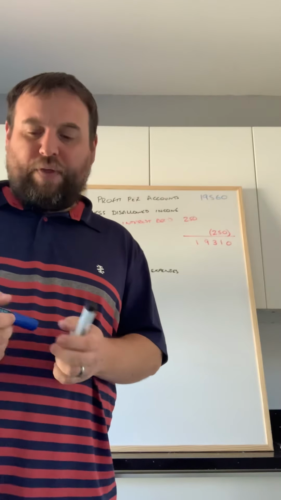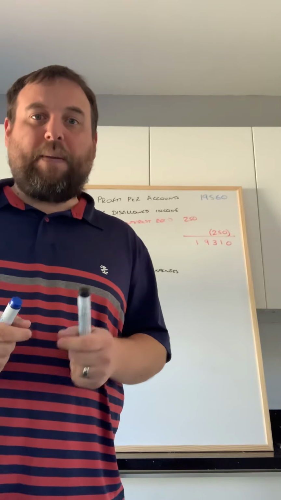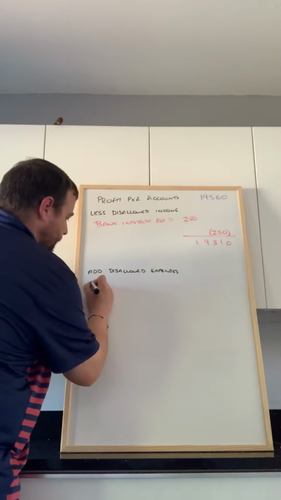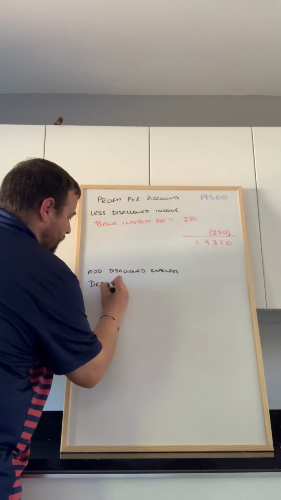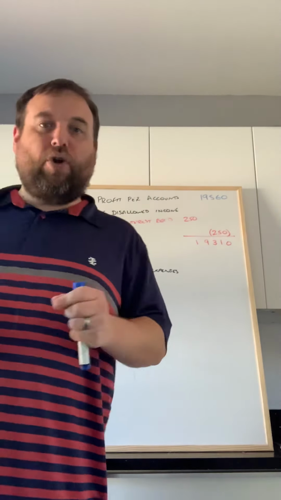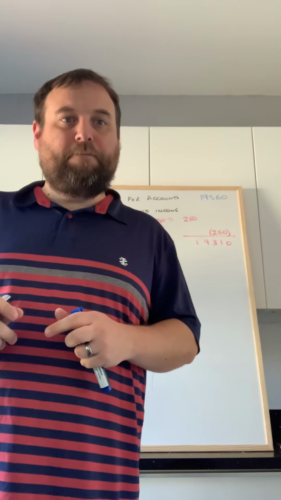We take out all of the things which will not be part of non-current assets. So the first thing to look at is depreciation. It relates to non-current assets, therefore it should not be in here.